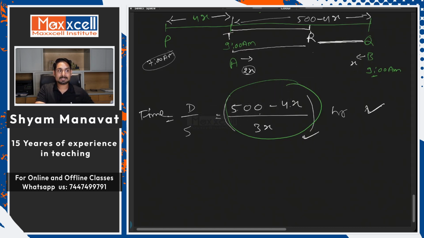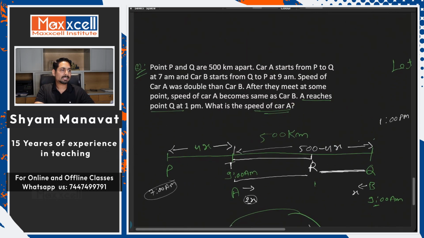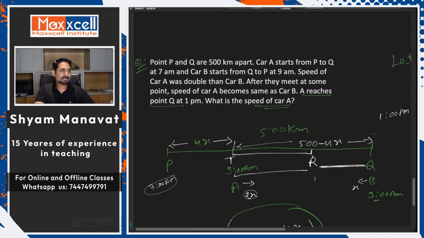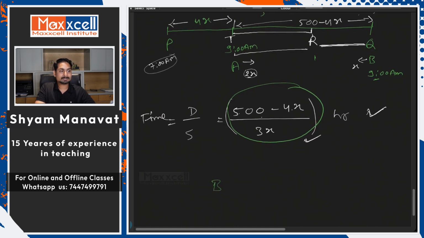Now why am I repeating this point again and again? Because after they meet, at some point the speed of A becomes the same as the speed of B. This is why I am emphasizing this time.